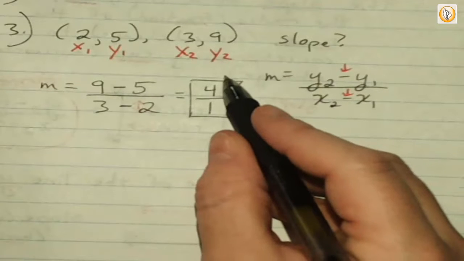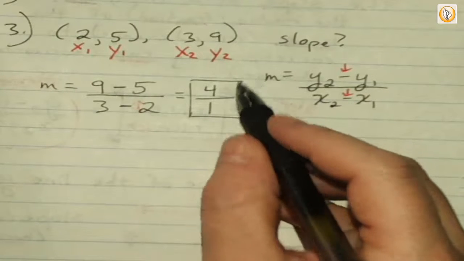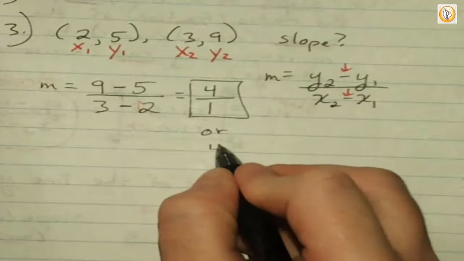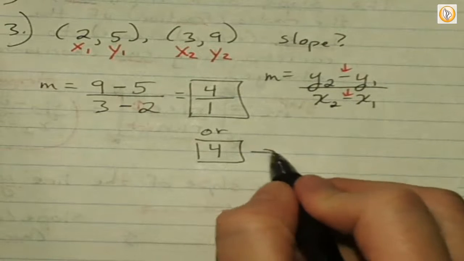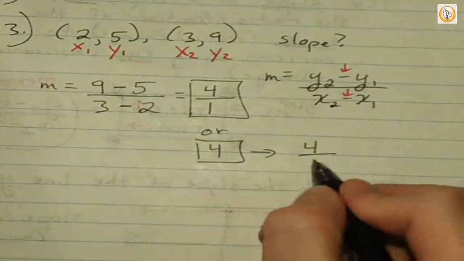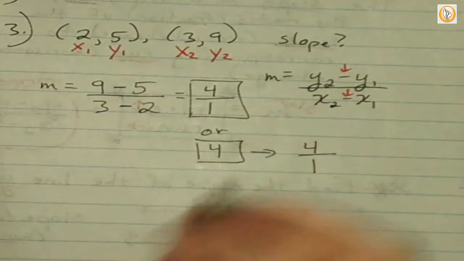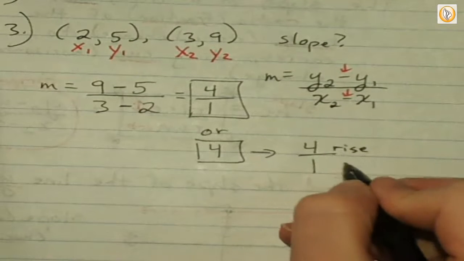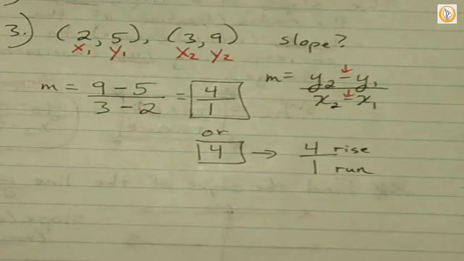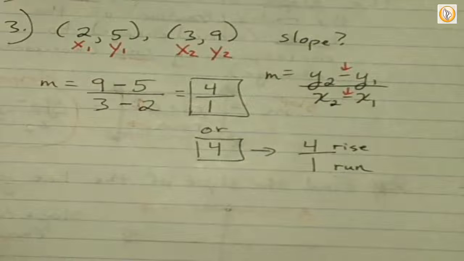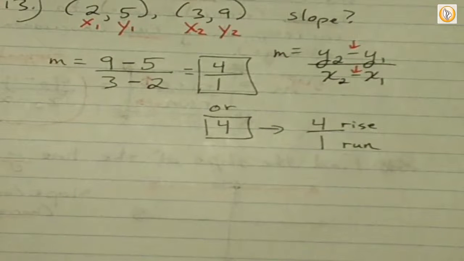That's rise 4, right 1. But it's also the same as just 4. If they give you a slope of 4, you better know when you're graphing it, that means 4 over 1. That's your rise, and that's your run. Any questions? Everyone have it down?